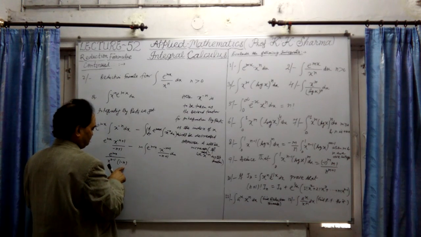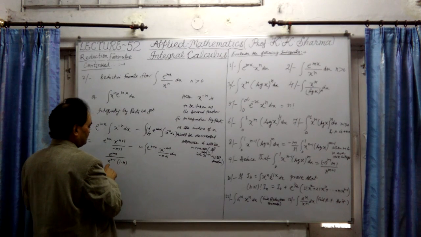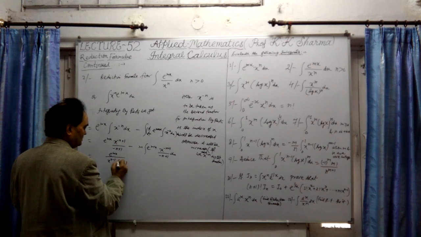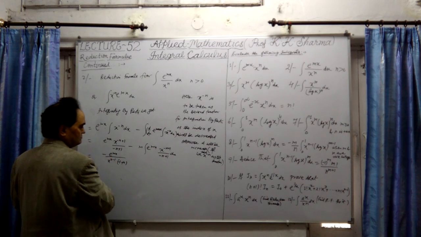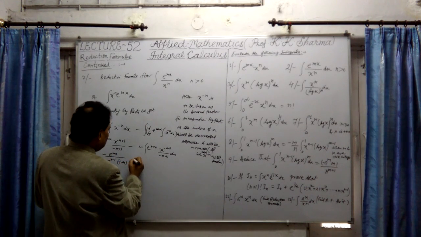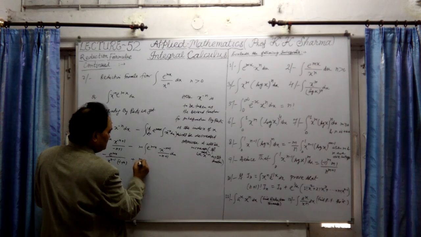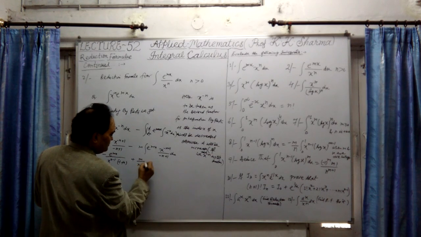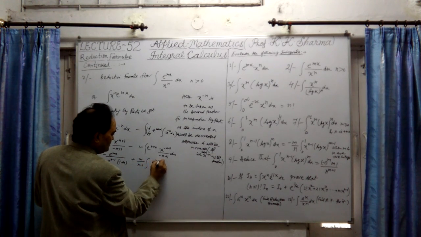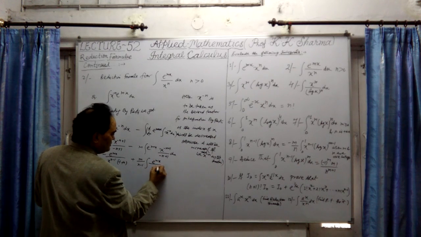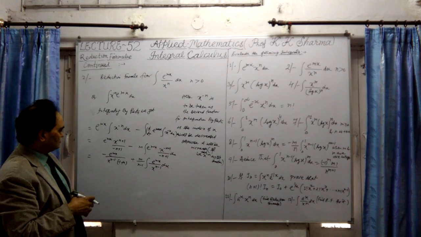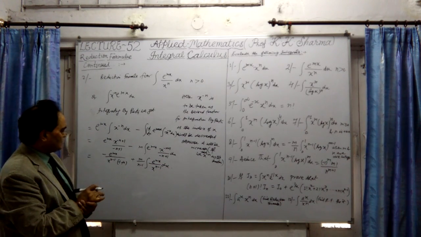Writing the minus sign here, it will be plus m upon n minus 1, integral of e to the power mx upon x raised to the power n minus 1, taking the sign from this, n minus 1.